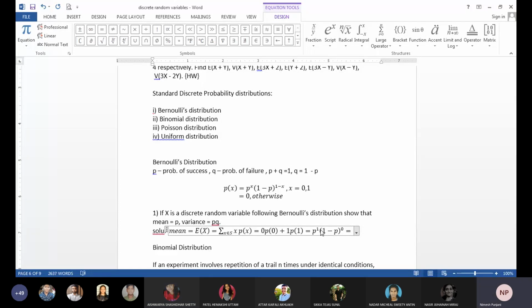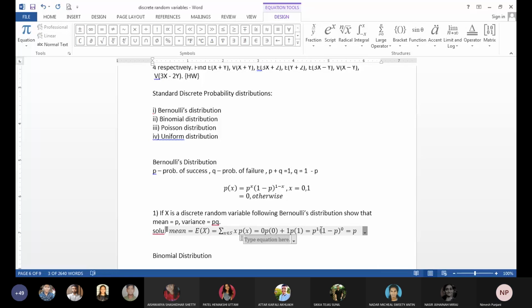It is 1. So our answer will be p. That is your expected value.